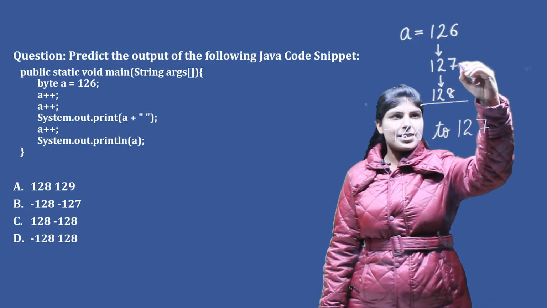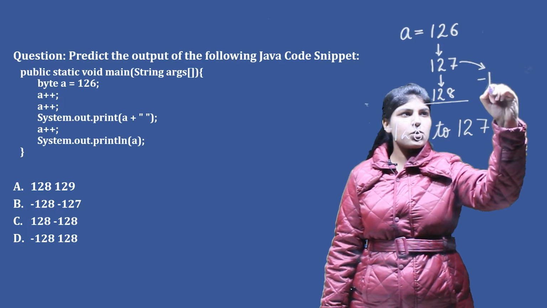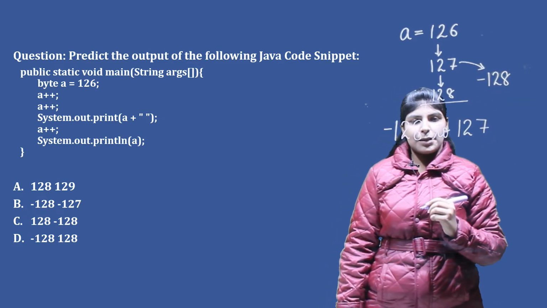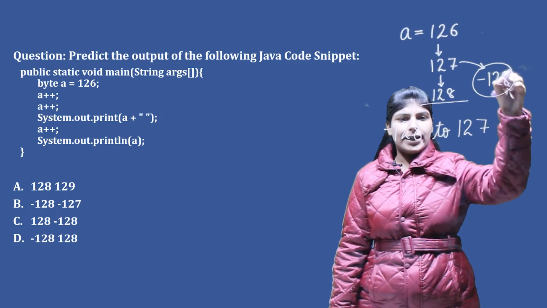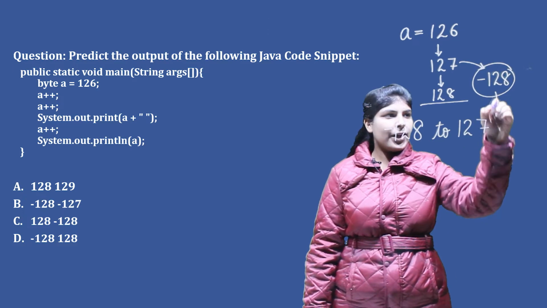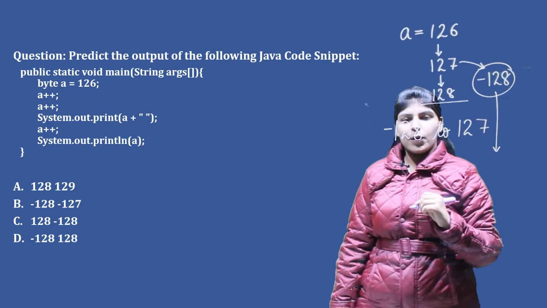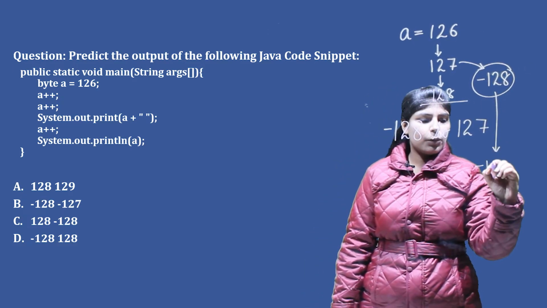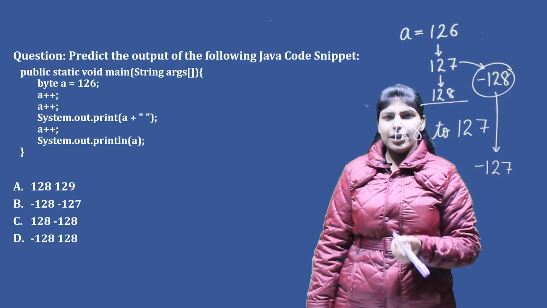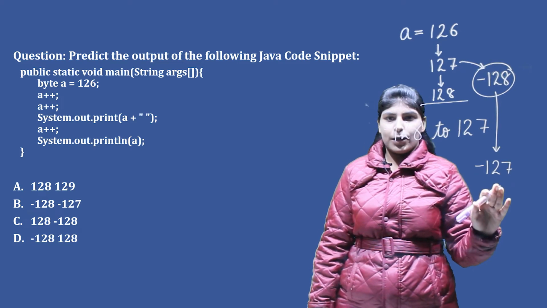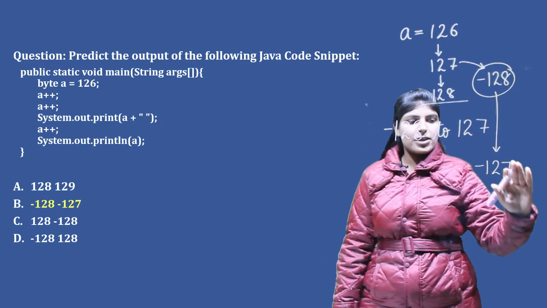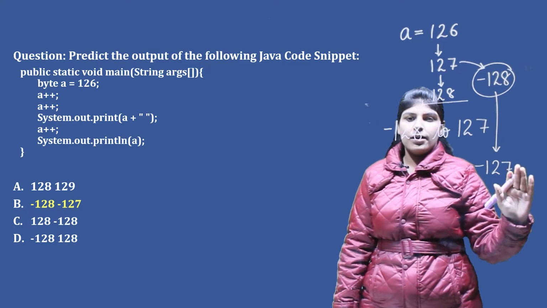So the value of A in first print statement will be -128, right? Now again I am doing A++. So when I am adding 1 to -128, I'll get -127. So now in the print statement, the value of A will be -127. So what will be the output? The first value is -128, the next value is -127.